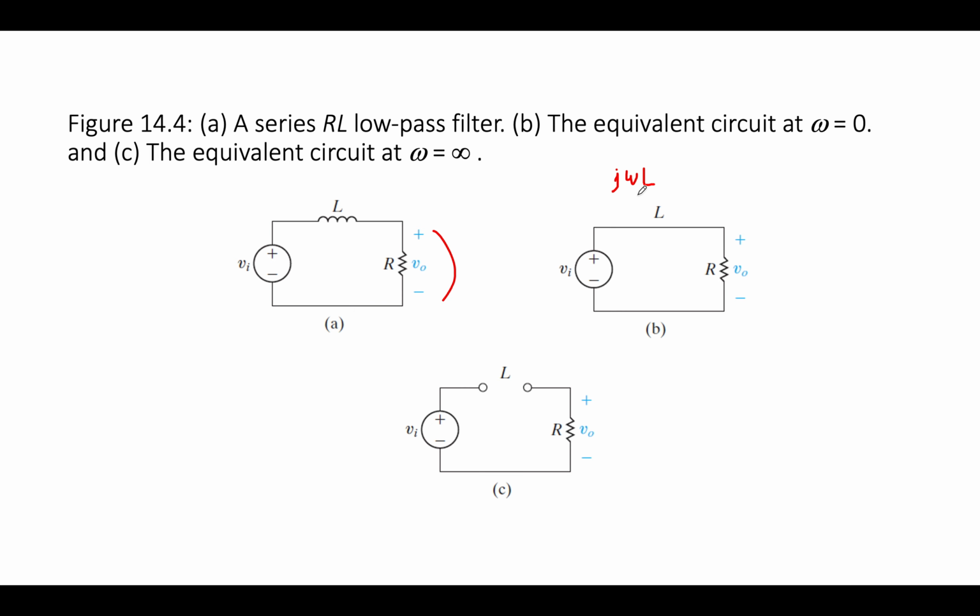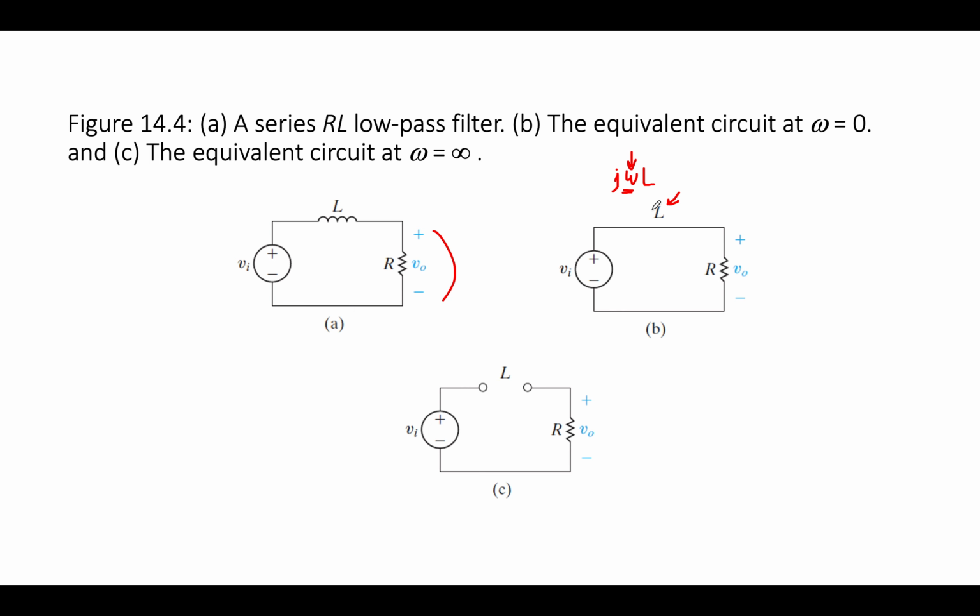Now as omega increases, then we begin to get a little bit of an impedance here and we get a voltage drop. So not all of the voltage will drop across the resistor, but still a significant portion of it will. Now there comes a point when we let omega go to infinity.